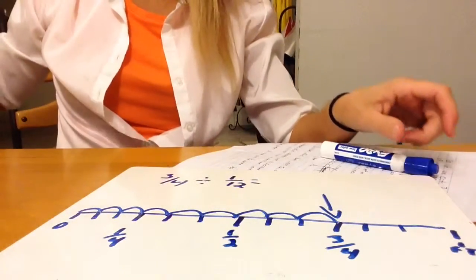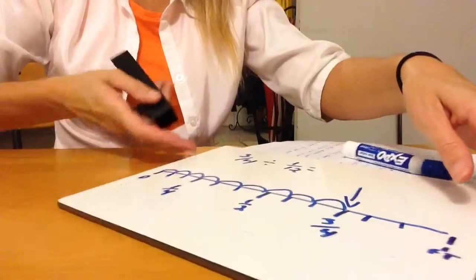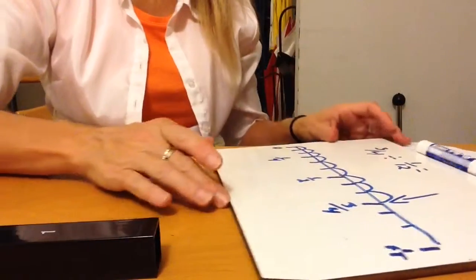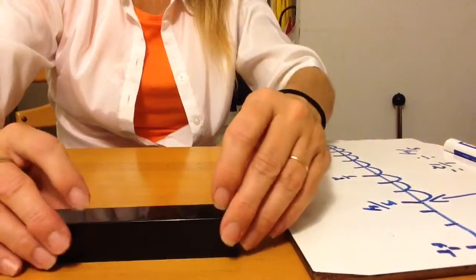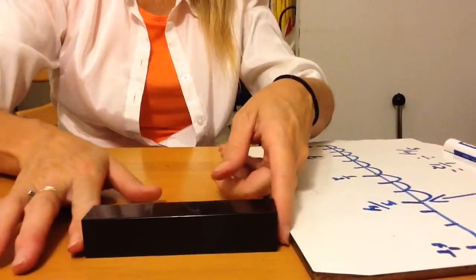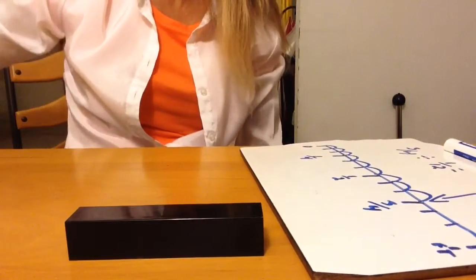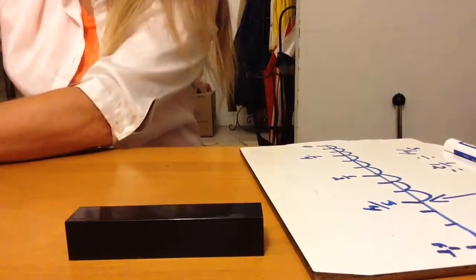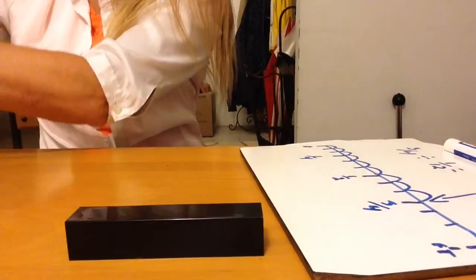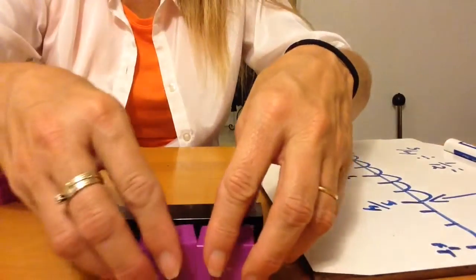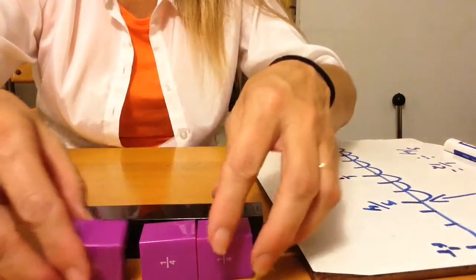We can take, let me do this. So we have 1 foot. This represents 1 foot. Okay? And we're going to break it up into 4ths. So I have some purple cubes that will represent 1/4 of each cube.